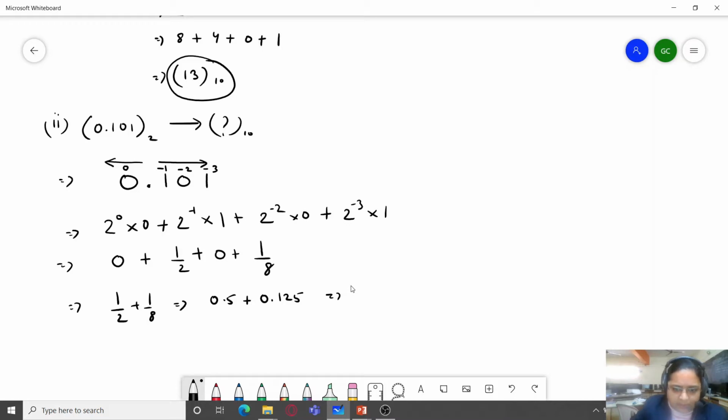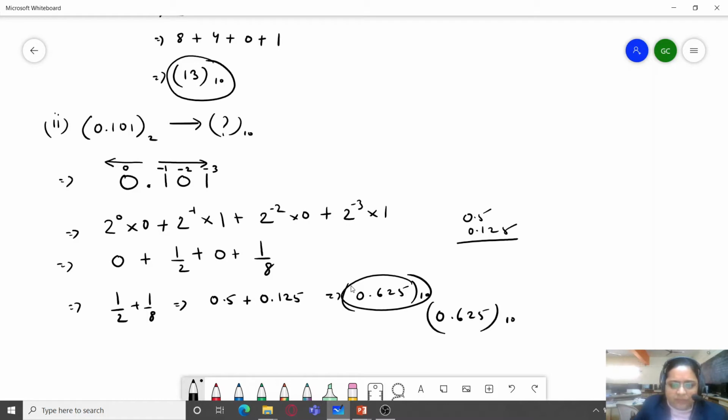So this would be 0.625. This is the number which we get. This is the value in the decimal part, the decimal part value which we get from this binary equivalent.